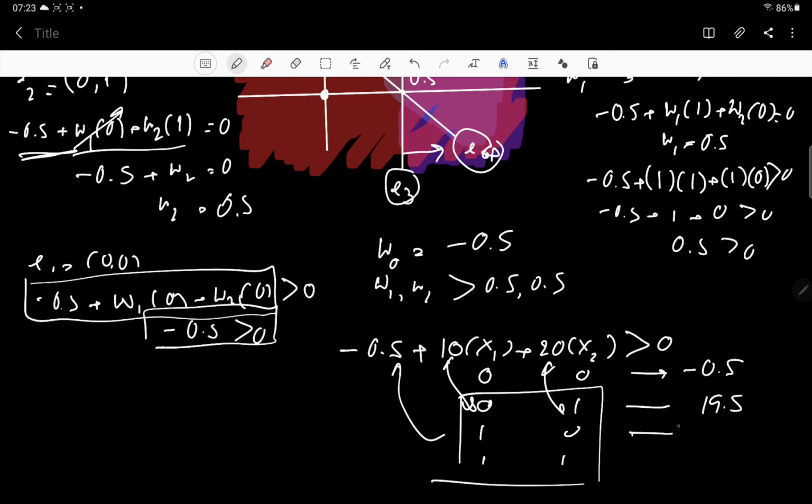The next one is 9.5, and this one is 29.5. So it can be used to classify this example.